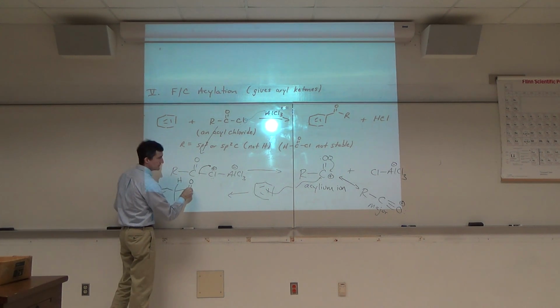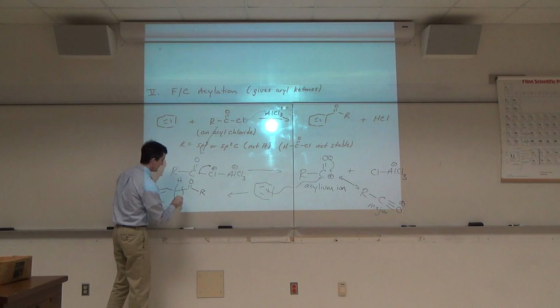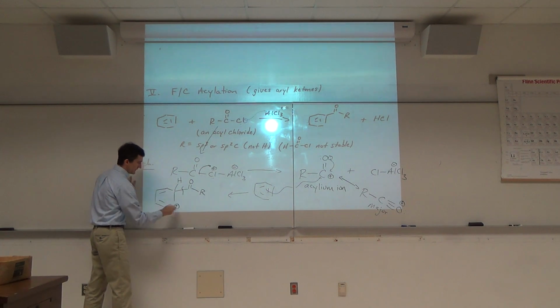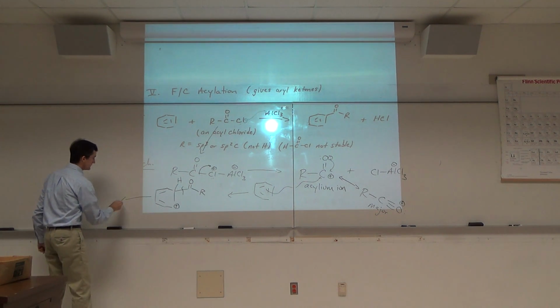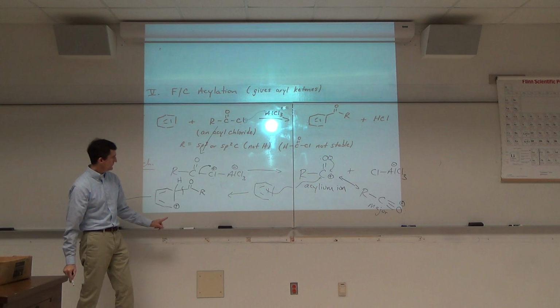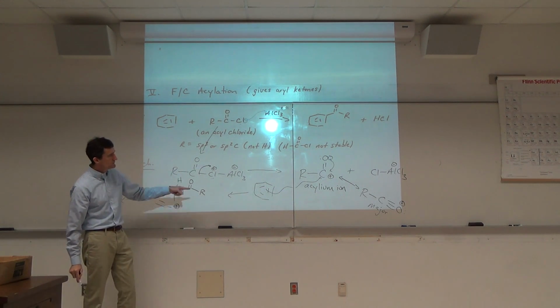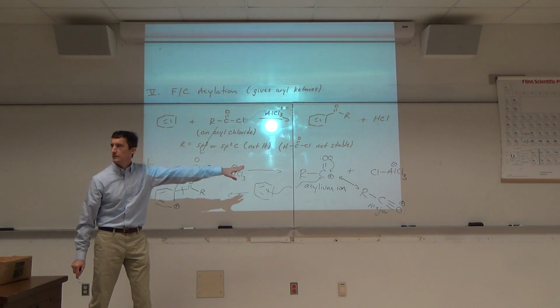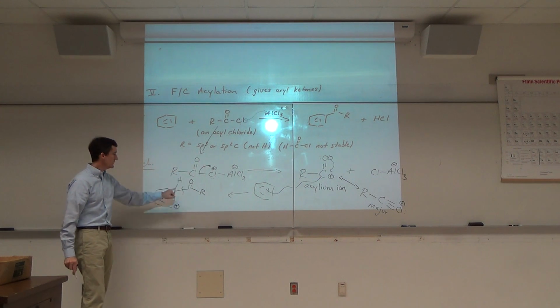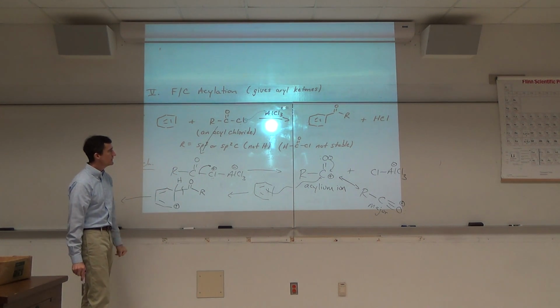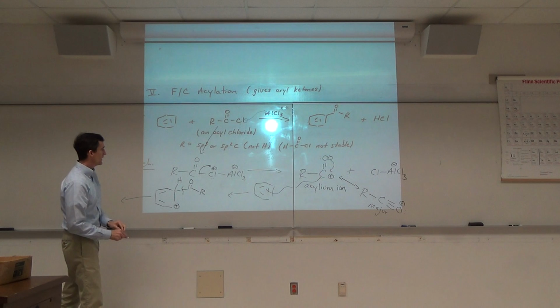So bond to carbon, there's an R there, so we just made that bond. Plus here. And it's the same thing as before. Something takes the H, we'll take the H, that chlorine from aluminum trichloride can go take the H, restore the aromaticity, and you get your final product plus HCl.